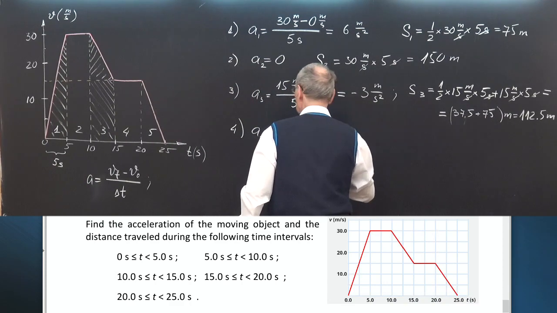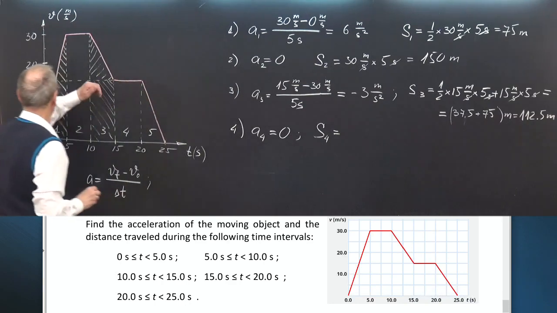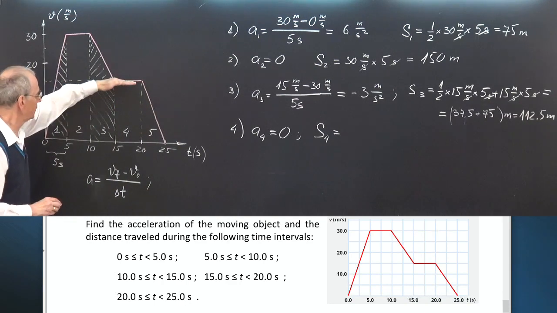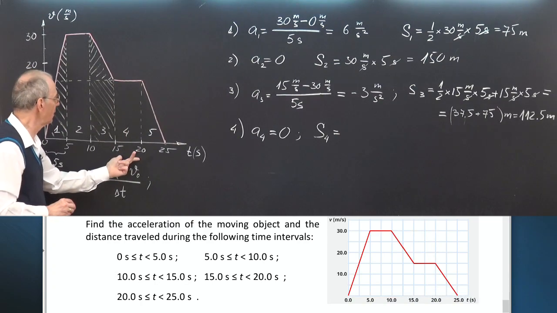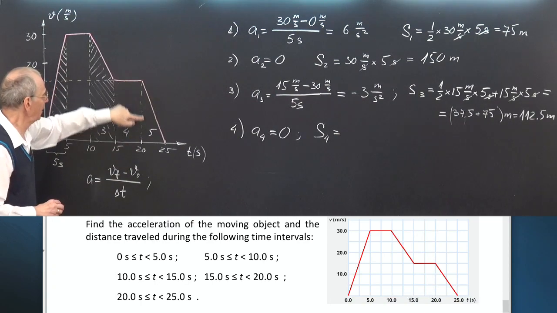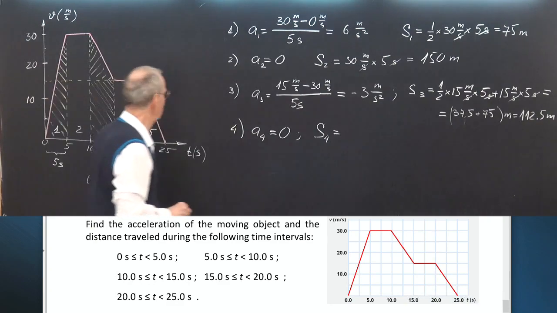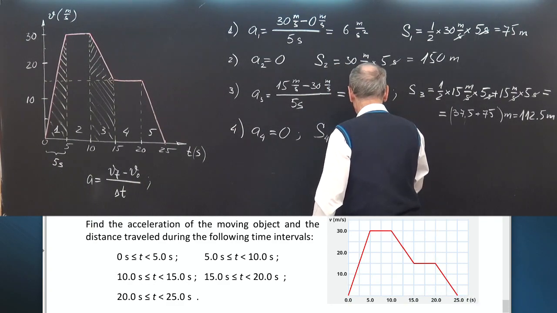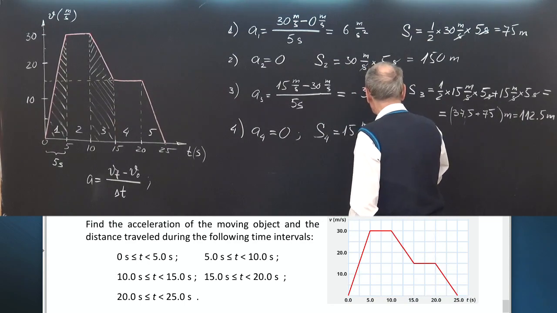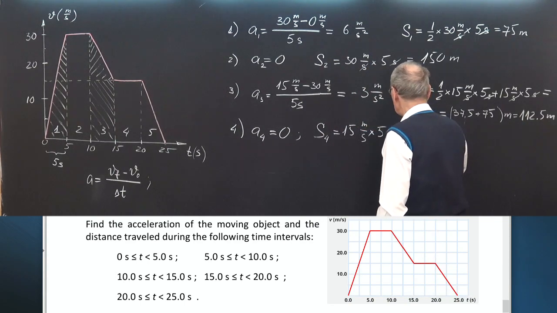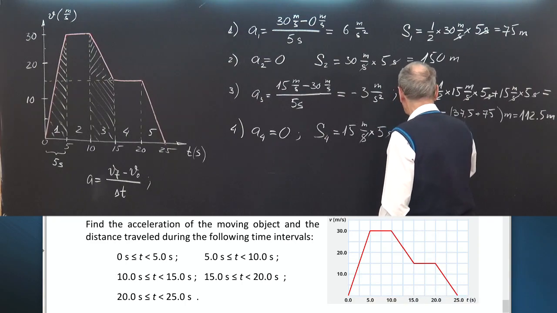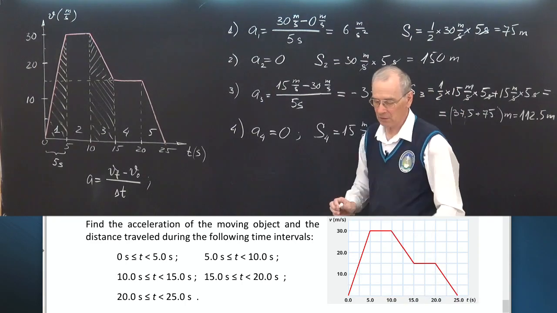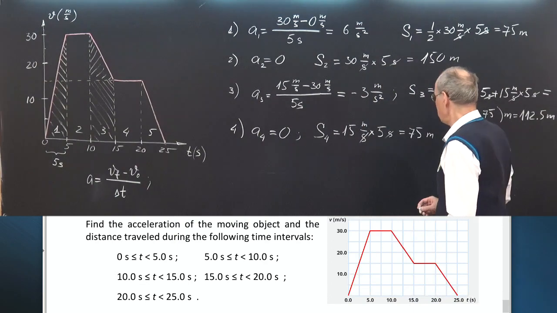Distance traveled, speed times time, or the area of this rectangle, 15 meters per second times 5 seconds gives 75 meters.